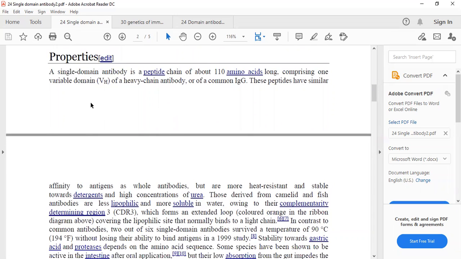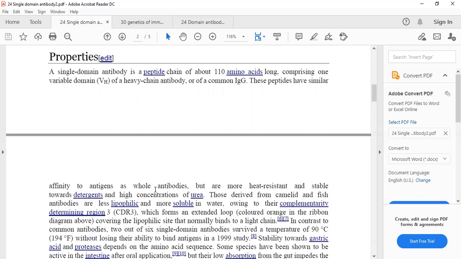What are the properties of the single domain antibody? It has a peptide chain of about 110 amino acids, and these peptides have similar affinity to antigens as whole antibodies. This means we do not need the complete antibody of higher molecular weight. Only a small 15 kDa fragment is enough for the identification of the antigen.